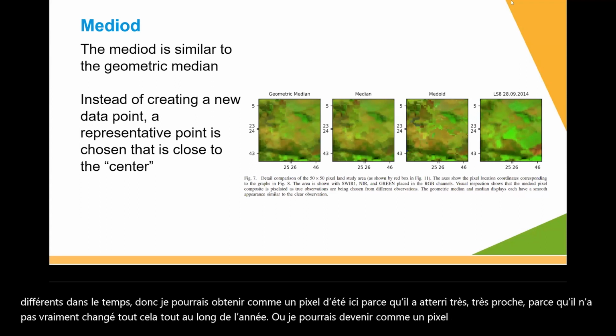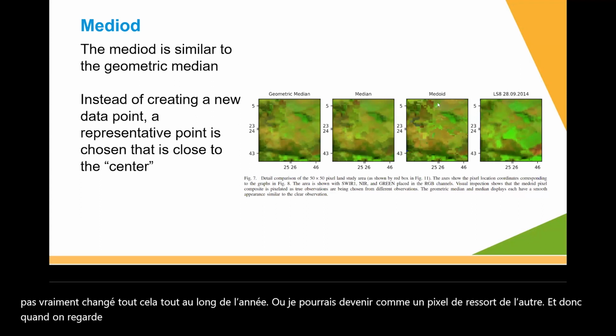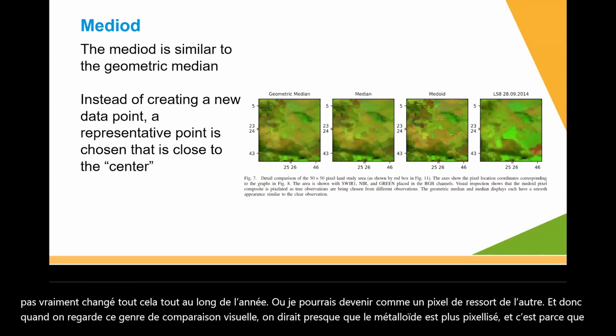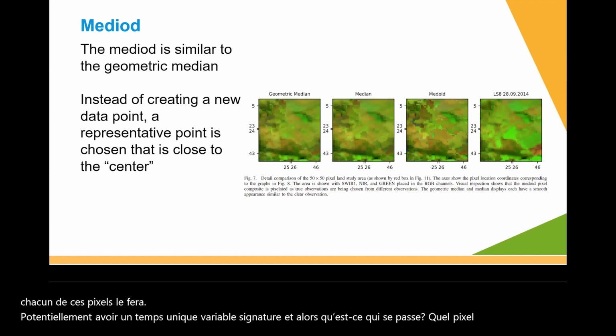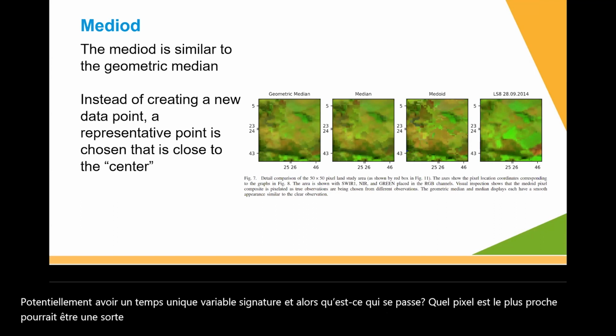And so when we look at this visual comparison, it almost looks like the Medoid is more pixelated. That's because each one of these pixels will potentially have a unique time varying signature. So what pixel is the closest could be subject to either some randomness or some uniqueness from how that pixel varies through time.